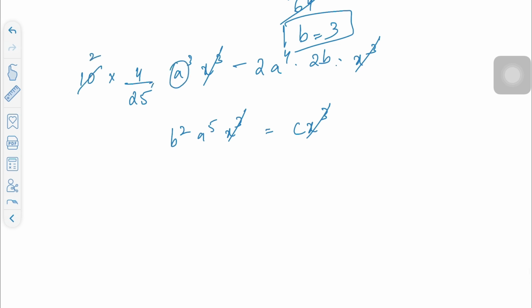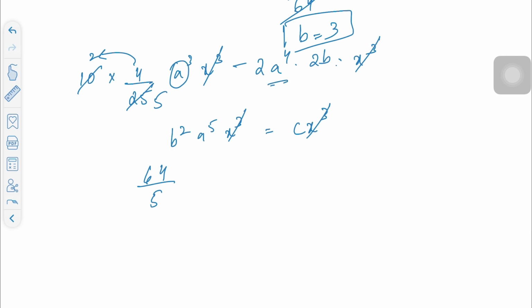Let's just cancel this, so this would be 2 over 5, and then 8 into 4 is 32, and 32 into 2 is 64, divided by 5, and this is our x cubed coefficient.